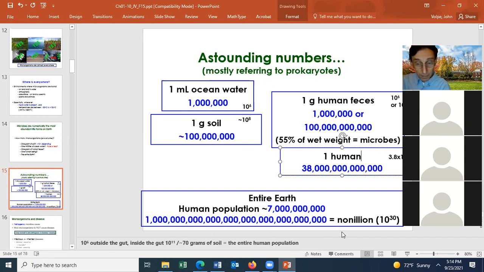That's 1 times 10 to the 30th, or 1 followed by 30 zeros. You probably never even heard of a nonillion before. And the human population is between 7 billion and 8 billion, just to give you a comparison. There are many, many more microbes on the planet than there are humans. Any question about any of that?